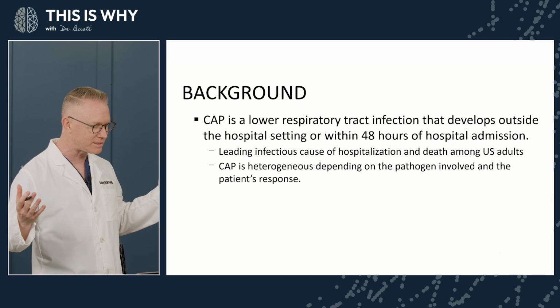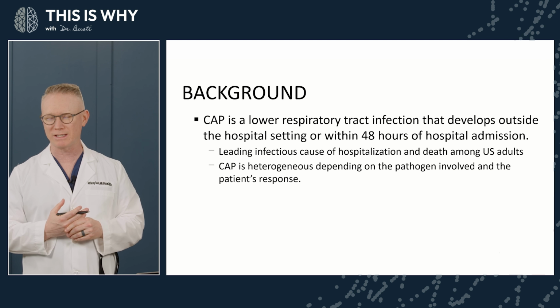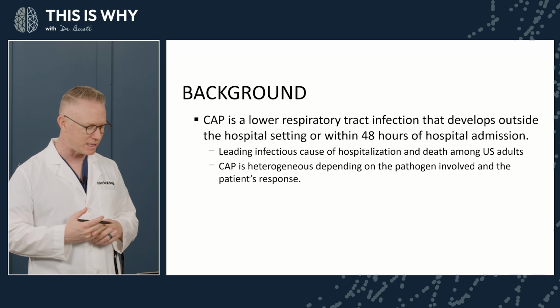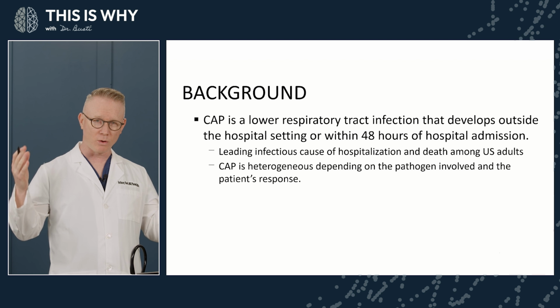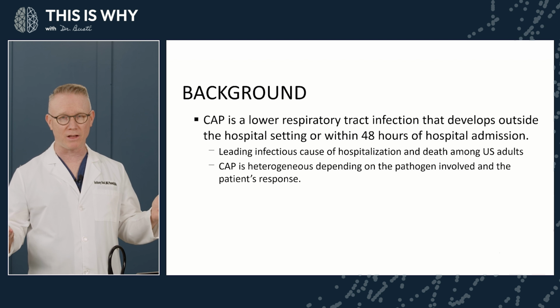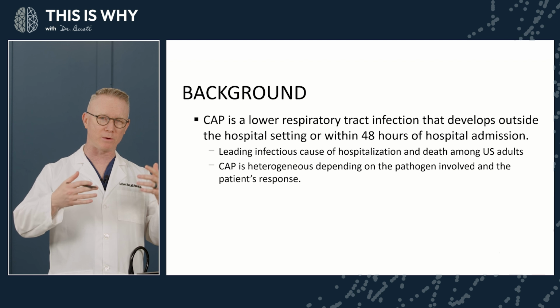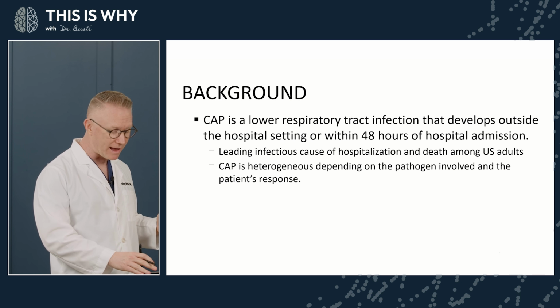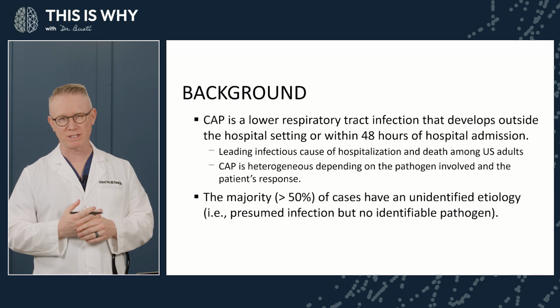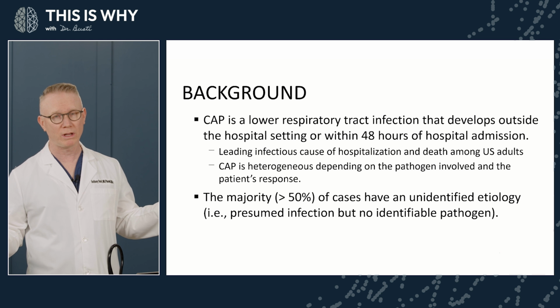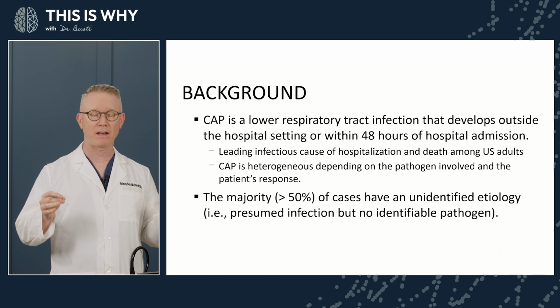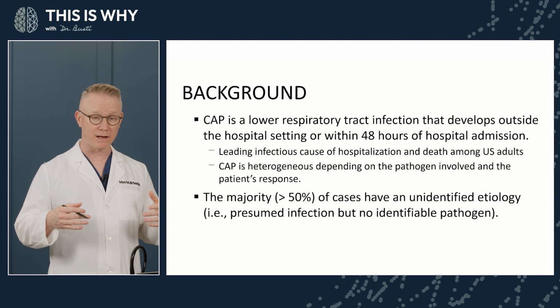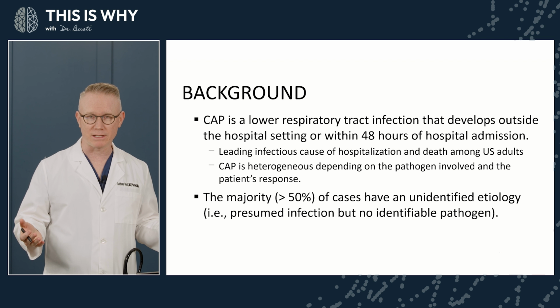But it is a leading cause of hospitalization. That's not rocket science, but it also contributes to a significant portion of death in the United States in particular. Now, the organisms are heterogeneous depending on the type of pathogen involved and the way the patient presents. That's to be expected. In fact, in up to 50% of these cases, you don't really get a good identified pathogen, and that's the reality sometimes.